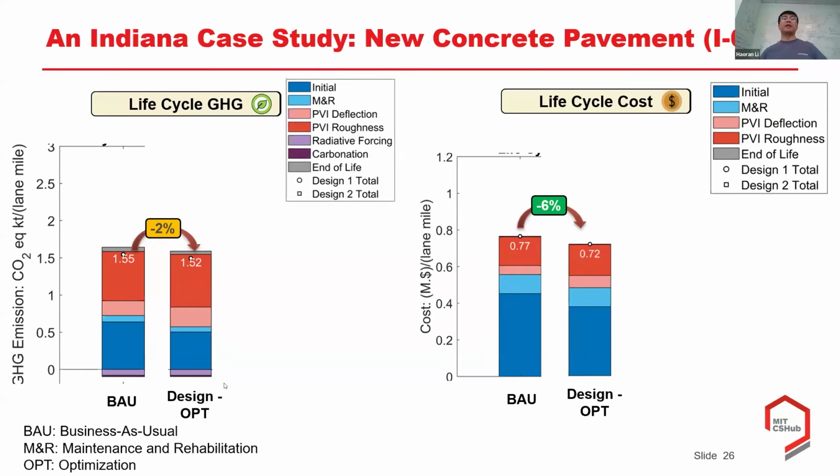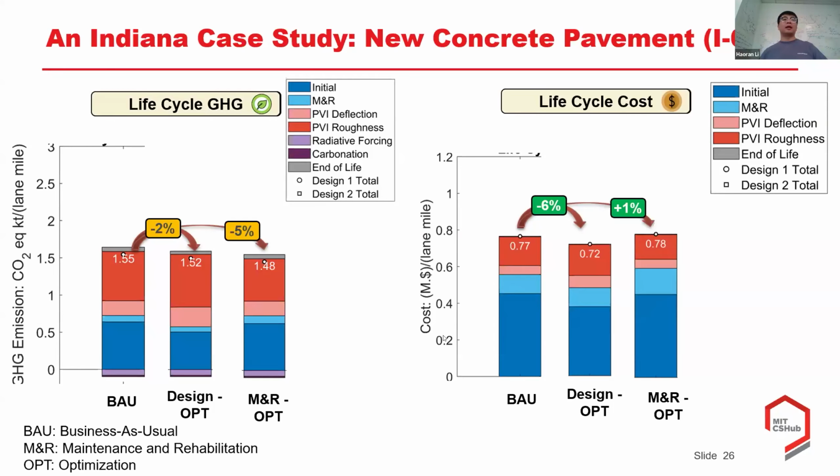For example, if they're only optimizing the design while still using their business as usual M&R schedule, they actually can improve 2% of CO2, 6% of the cost. But since they already have the given design, if they only want to optimize the future possibility of the M&R schedule, those are the savings of 5% of CO2, and about the same for the cost.